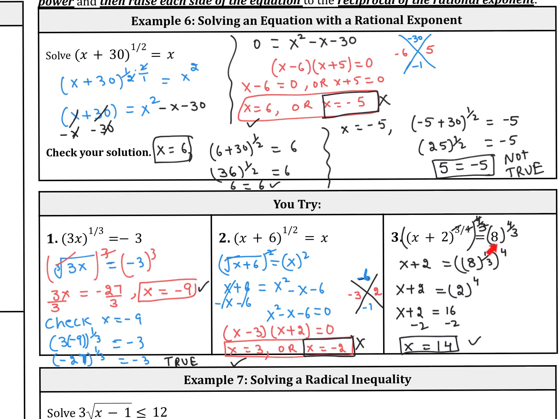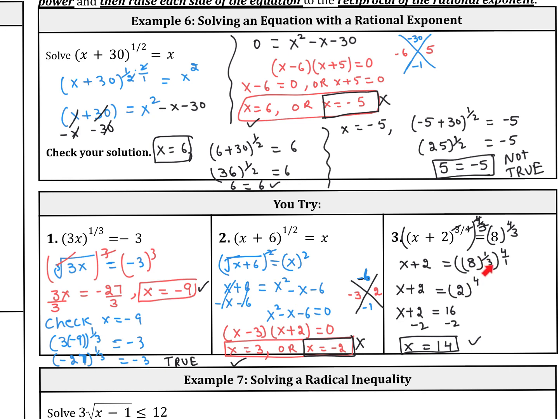On the other hand, you have 8 to the power 4/3. You break the 4/3 as 1/3 times 4, and treat them step by step.